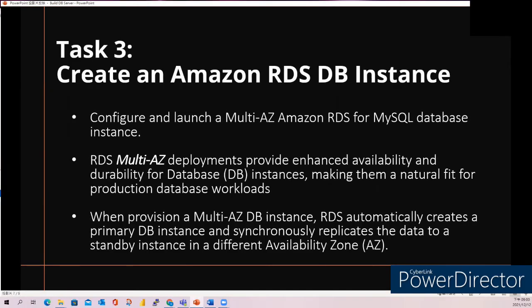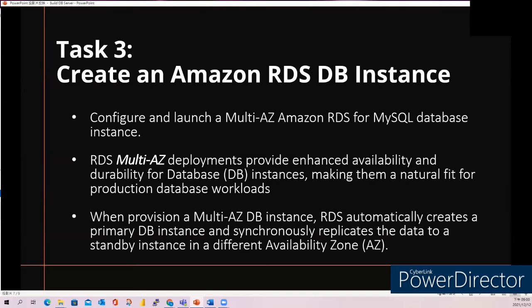Okay, let's move to task 3. Task 3 is to create an Amazon RDS DB instance. The first thing is to configure and launch a Multi-AZ Amazon RDS for MySQL database instance.